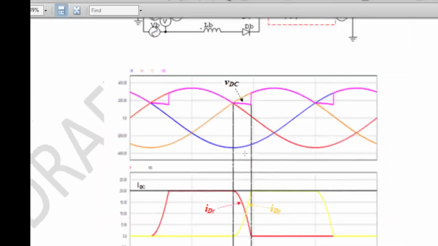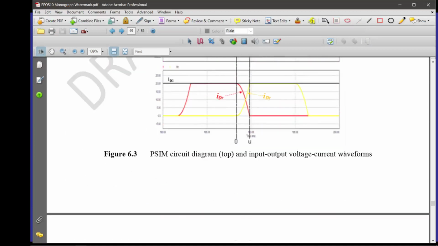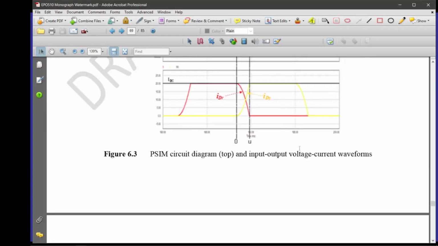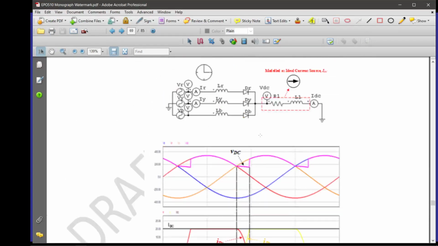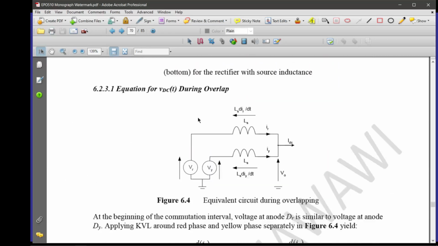So now let's look at how to get the output equation, the average of the output. Remember this is the transfer of current from red phase to yellow phase. We start with this equation for VDC, and during the overlap, we take this equivalent circuit.